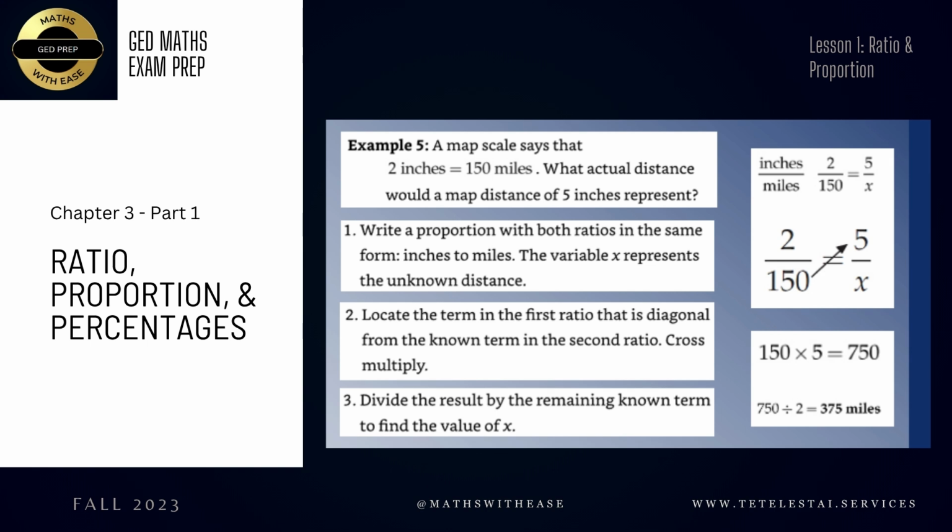Which is the goal, right? And so we divide the right-hand side by 2. 2X over 2 is X because 2 cancels 2, right? And then on the left-hand side, where we divide 750 by 2, we get 375, and that is the number of miles that 5 inches represents, okay? Which is the answer to the question. All right.